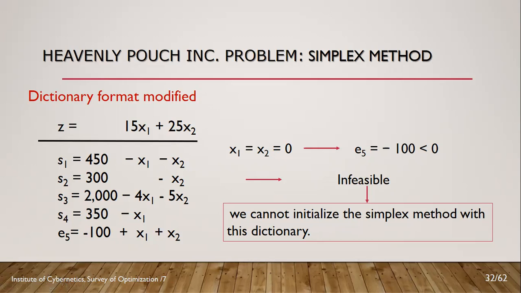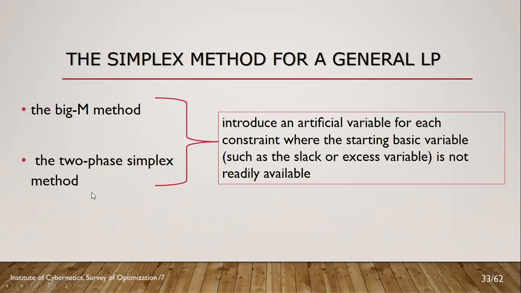What shall we do? How to overcome this obstacle? Now, let's discuss two variants of the simplex method designed to overcome this obstacle. Here are the two methods: the big M method and the two-phase simplex method.